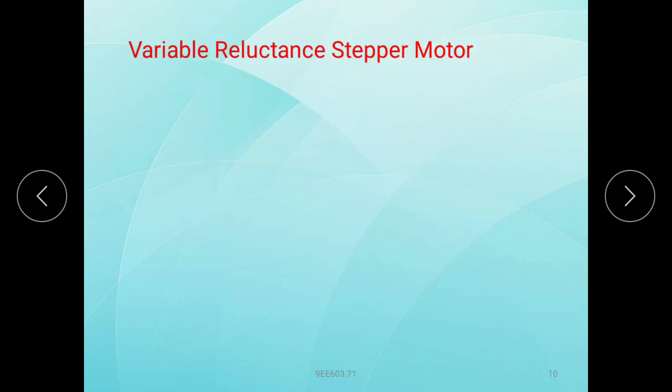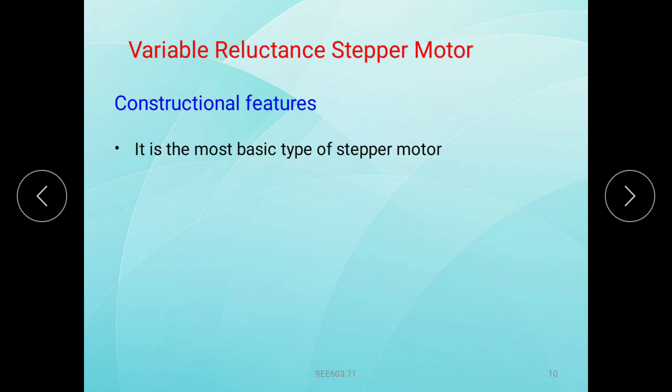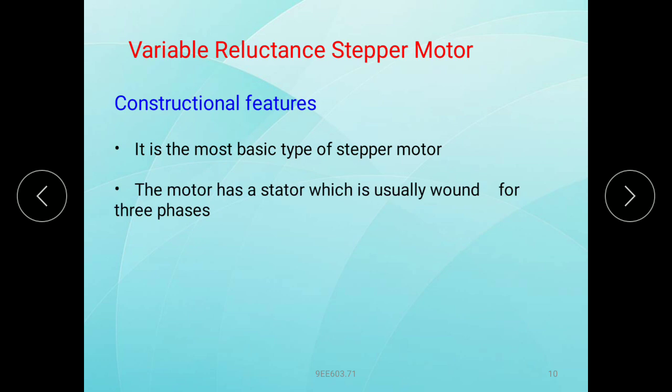So here, the variable reluctance stepper motor, the constructional features. It is the most basic type of stepper motor. The motor has a stator which is usually wound for 3 phases.